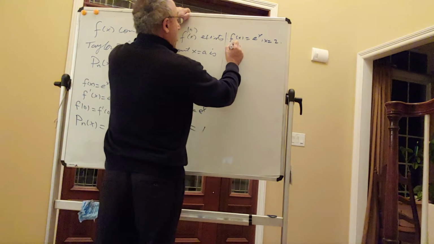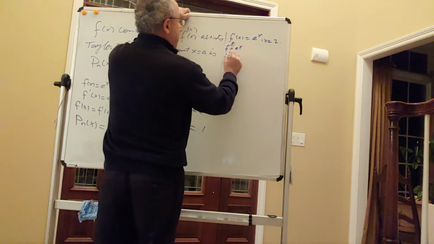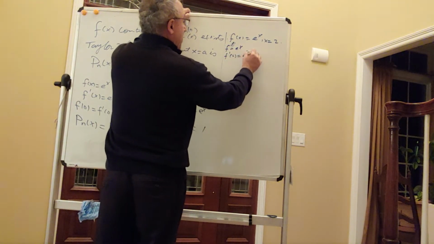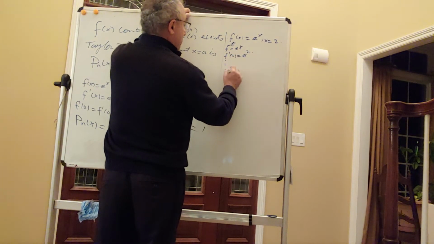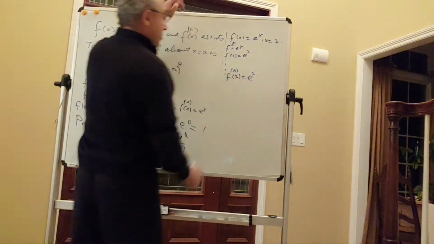then you know f prime is e to the x, and f prime of 2 is going to be e to the 2. So forth, then f^(k) of 2 is going to be e to the 2.